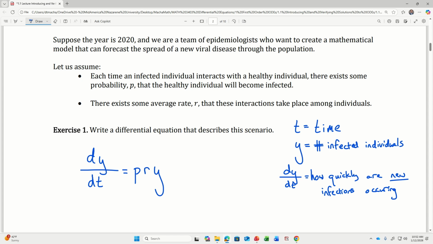I'll ask you a question. If the entire population was infected already, every single person already has the virus, how many new cases could we create in the following day? 0.